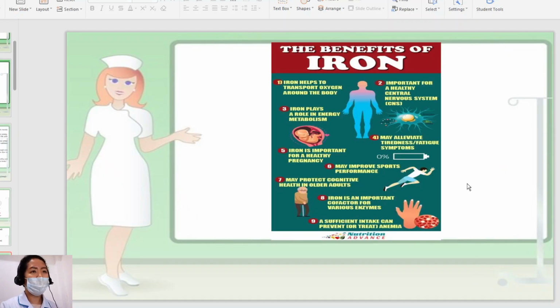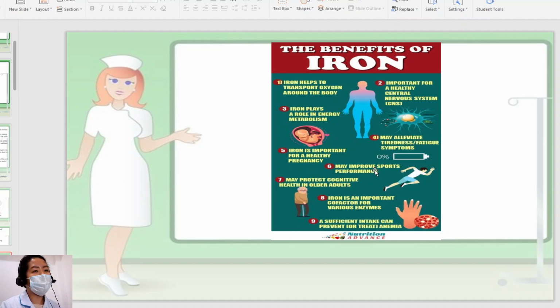The benefits of iron: it helps to transport oxygen around the body. It is important for a healthy central nervous system. It plays a role in energy metabolism. It will also alleviate tiredness or fatigue symptoms. It is important for a healthy pregnancy.